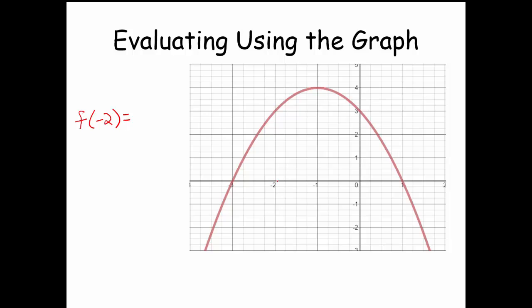So I would go over to an x value of negative 2, that's right here, and then I would find the point on the graph that has that x value, and look for the y value of that point. That's 3. Evaluating functions using a graph is pretty convenient, because I can just find that x value, find the point on the graph, and then read off the y value, which is 3.